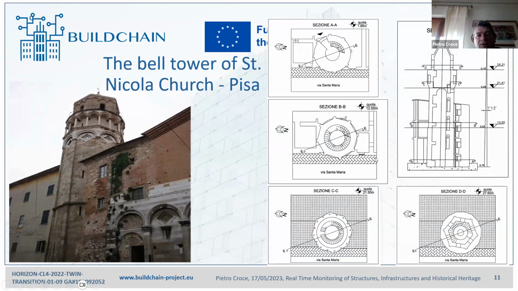One of the most relevant problems in defining a dynamic model of this bell tower is that it is difficult to model the contact between the bell tower and the adjacent building.